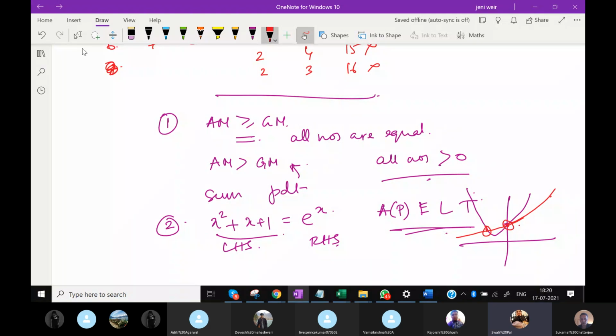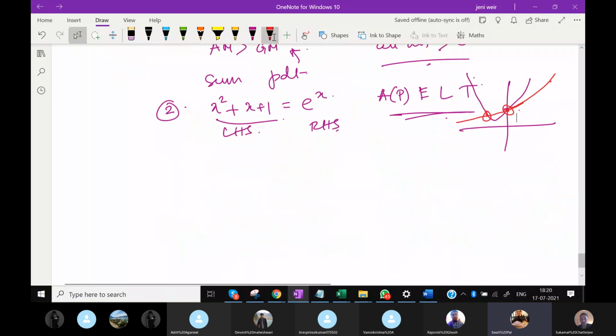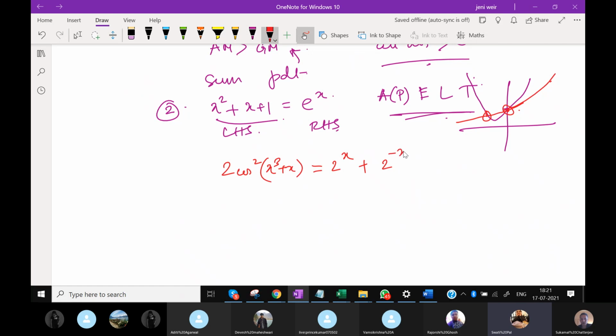So it is the function 2 cos square theta is x cube plus x equals 2 raised to the power x plus 2 raised to the power minus x.